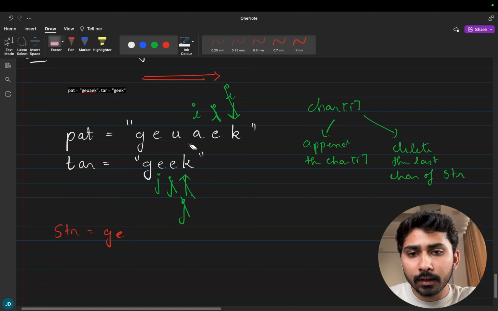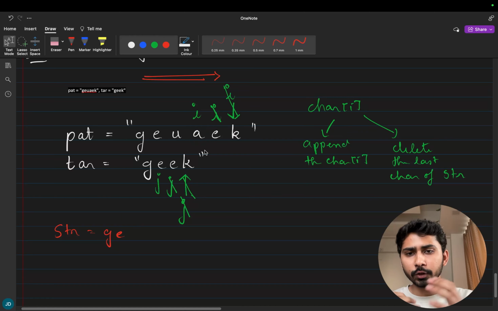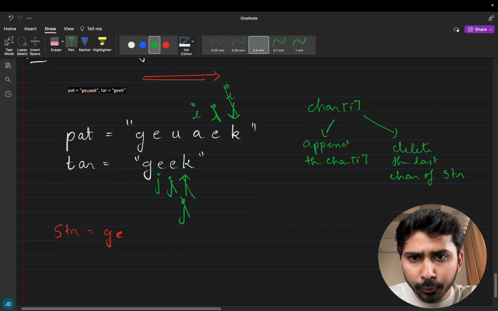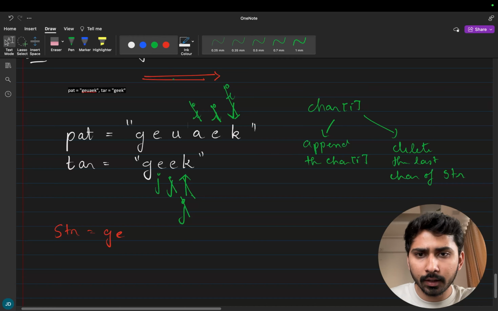So how can we do the same when we are iterating from right to left? In order to replicate the delete operation, instead of moving the ith pointer only once, I want to apply a delete operation for this ith character in pet. So I'll move this ith pointer 2 steps instead of only 1 step. So the same left to right process can be projected by doing an iteration from right to left, as we are moving the i pointer 2 positions.